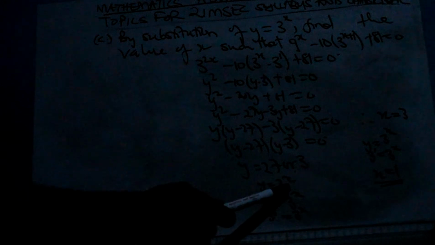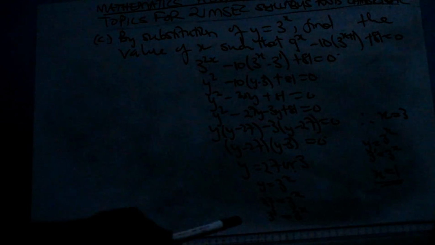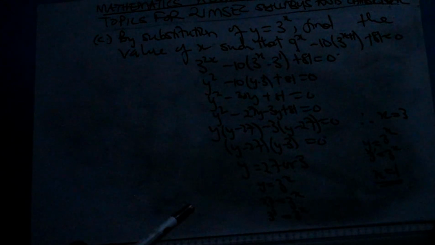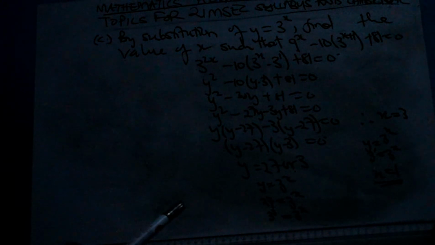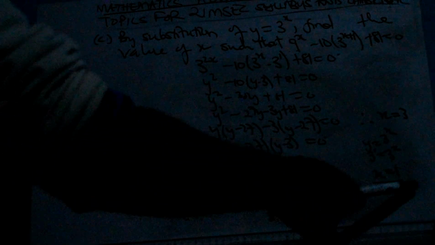So we put our 27 equal to 3 to the power x. We make sure our bases are equal to each other. So 3 to the power 3 is as good as 27, equal to 3 to the power x. So your bases are equal and your x becomes 3. The same applies for 3. We also have another value of y as 3. We say 3 equals 3 to the power x. Then x becomes 1.